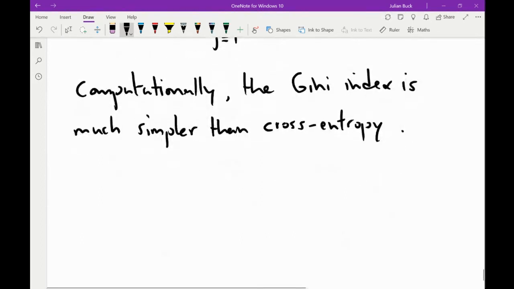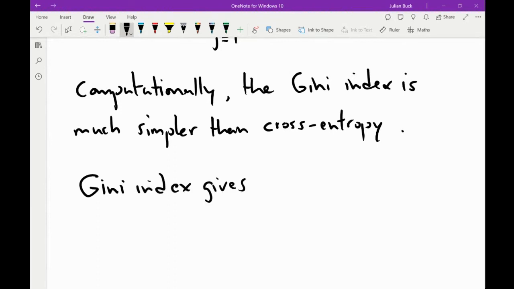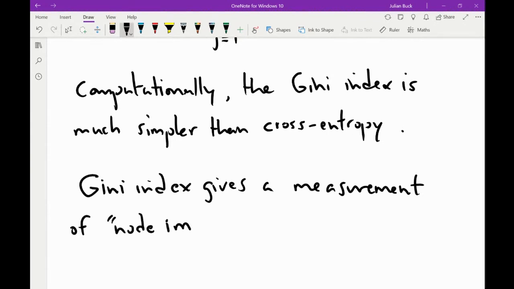Okay. So the Gini index, what it does is it gives a measurement of what we might describe as node impurity, hence the other name Gini impurity, or node purity, I guess. So what do we mean by node purity?